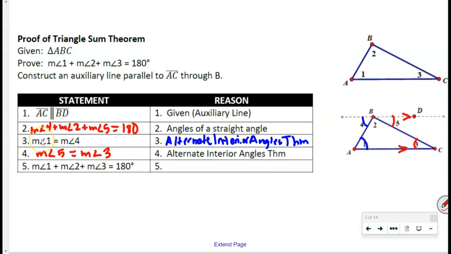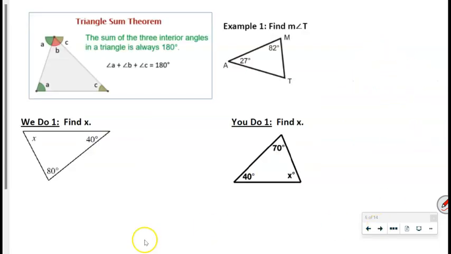We have the measure of angle 1 down here is equal to the measure of angle 4, and we had angle 4 up there. So this was the substitution property. That's all they did there. And we have now proven that when we add these three interior angles together, they equal 180. So that was the triangle sum theorem.